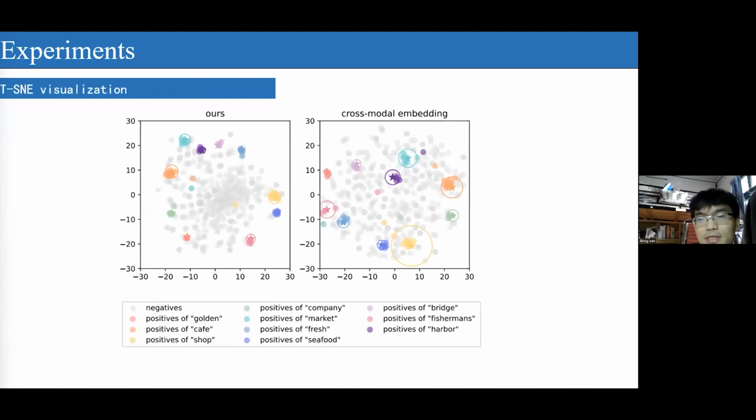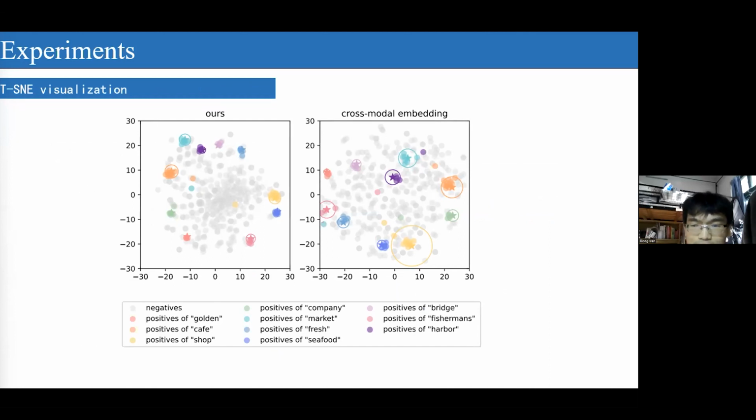We reduce the dimension of the representation of the query and the candidates using our method and the cross-modal embedding method, and visualize them using t-SNE in this figure. Nodes labeled with different colors represent the positive samples for different queries, which are specifically marked as stars.